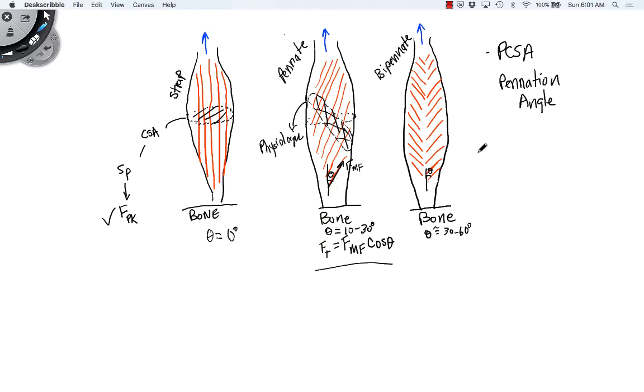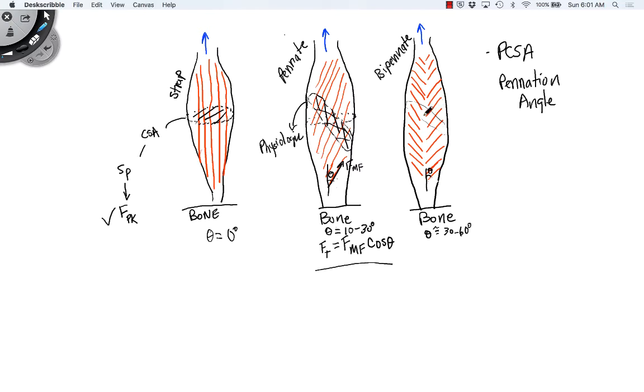Well, the strategy of the muscle here is just to get a lot of muscle fibers in parallel. And so even though the pennation angles may be higher, we can't really simply draw a PCSA like this because we have to be perpendicular to every single muscle fiber.